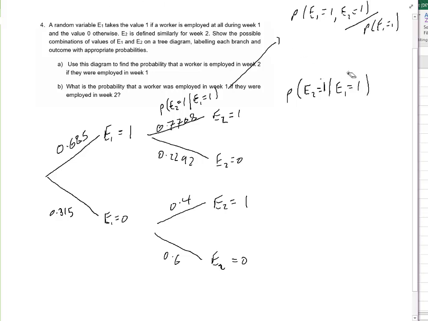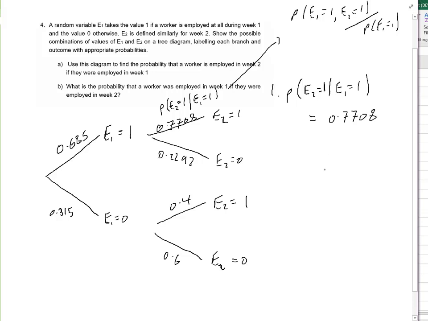We call them like a Boolean flag. So it's 1 if they were employed, 0 if they're not employed. So what's the chance that the second one is 1 if the first one was 1? And that we've actually got here. So that's not going to take a huge amount of time.